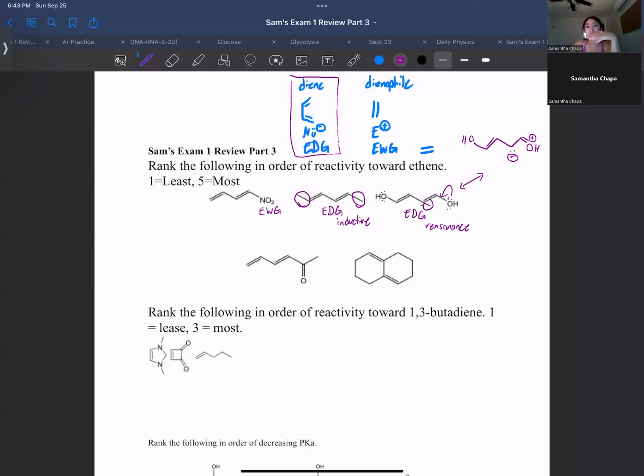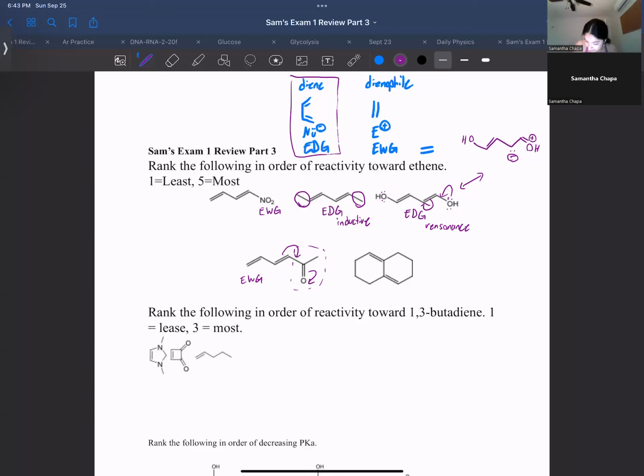And so this means that we're donating electron density throughout the diene. So that's what we want. Electron donating group, okay. Now we identify this group over here. This is going to be electron withdrawing through resonance as well, because you can resonate like this, and you'll have a carbocation once you draw the resonance structure.